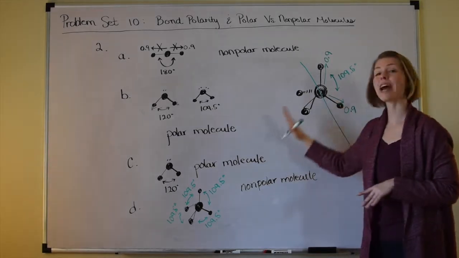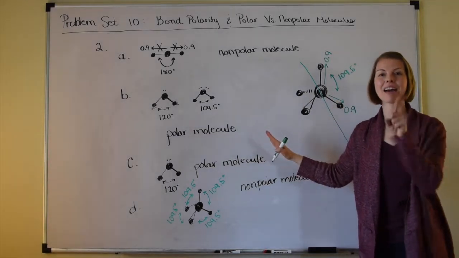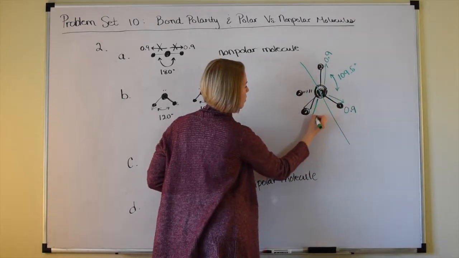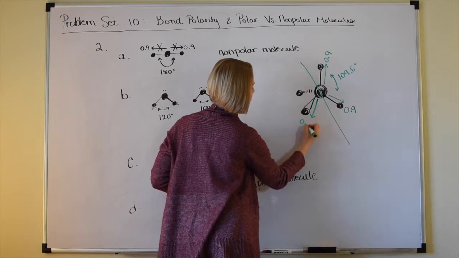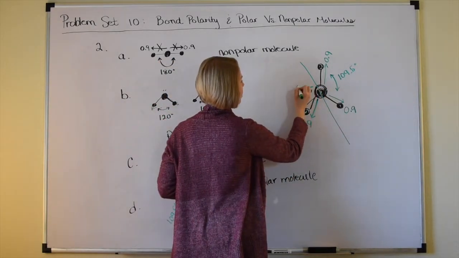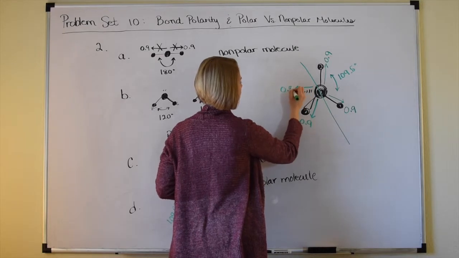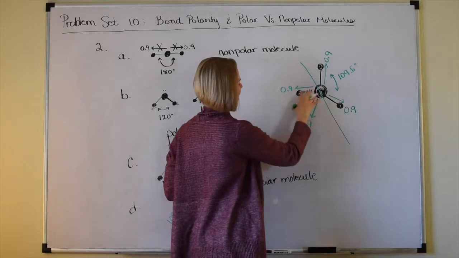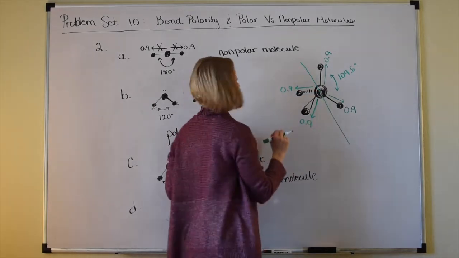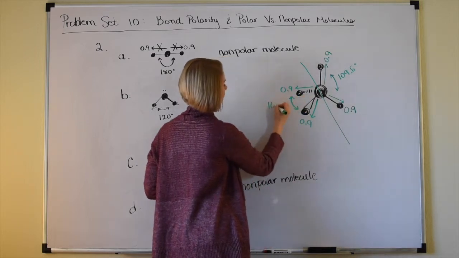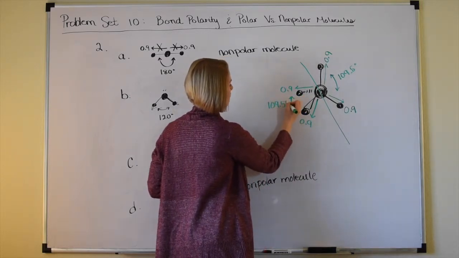What do I have on the other side of the molecule? I have the same exact thing. I have a bond with a magnitude of 0.9, a delta EN of 0.9, and another with 0.9. We actually don't know which is more electronegative because this is a hypothetical molecule, but just ignore that for now. And they're at an angle of 109.5 from one another.